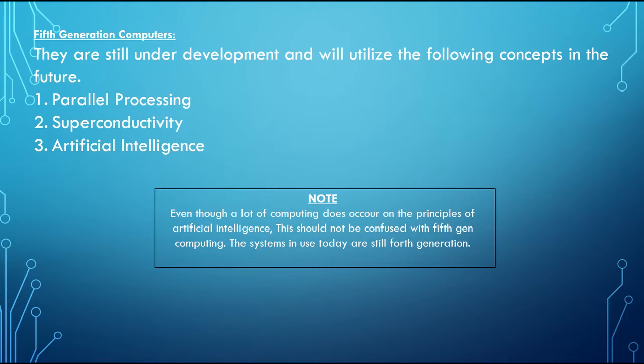The third is artificial intelligence. Now, we do use a form of artificial intelligence in today's modern day computing, like speech recognition or the opponents that we face in games, but they are not exactly true artificial intelligence.